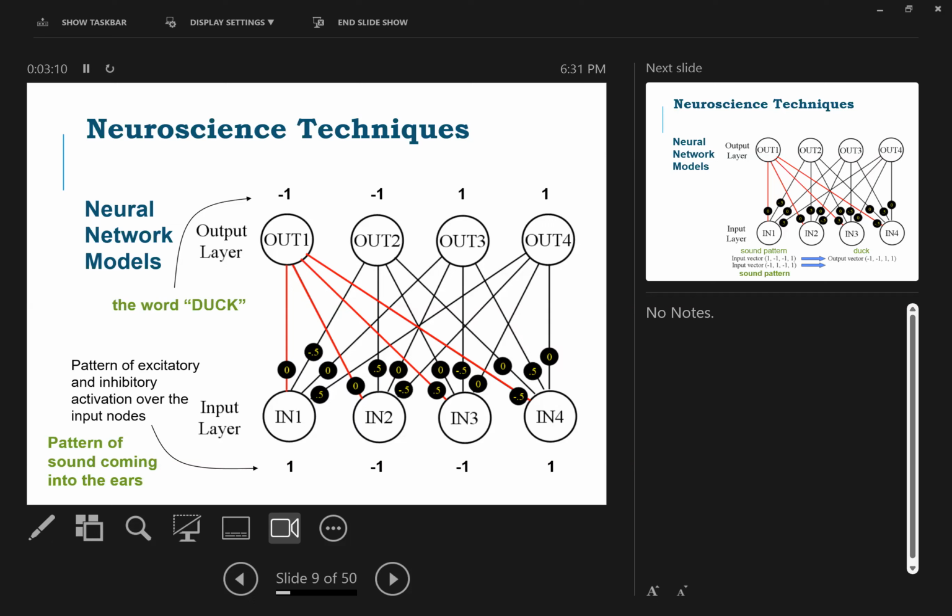Is it excitatory? Is it inhibitory? How strong is this connection? It could be really strong or really weak. And also, how active is this cell? If this cell is at baseline, it's not going to change the activity of the postsynaptic cell. If it's above or below its baseline, it could really impact the postsynaptic cell.